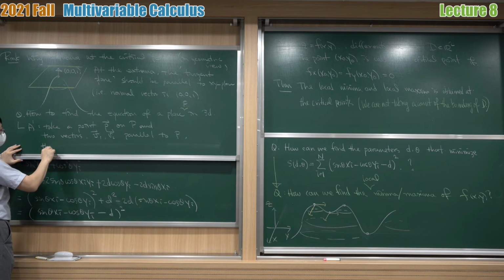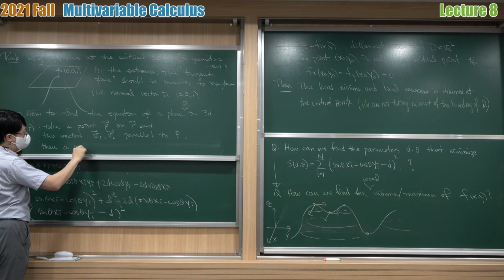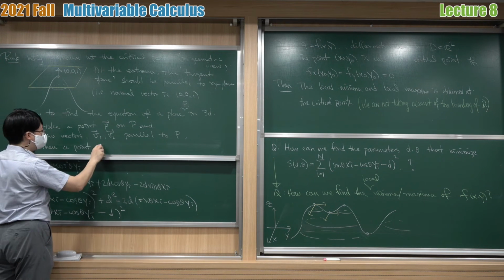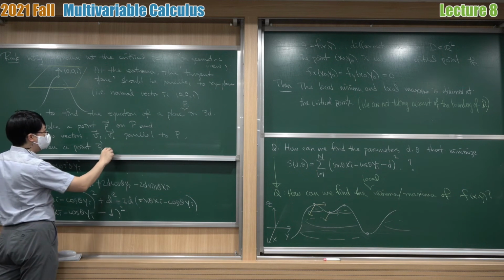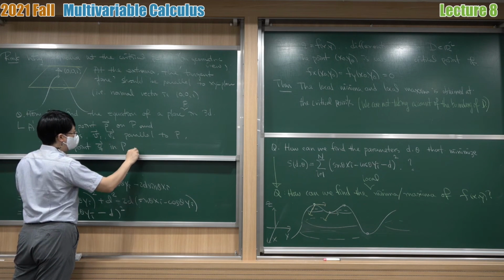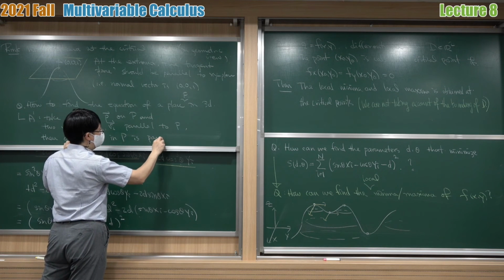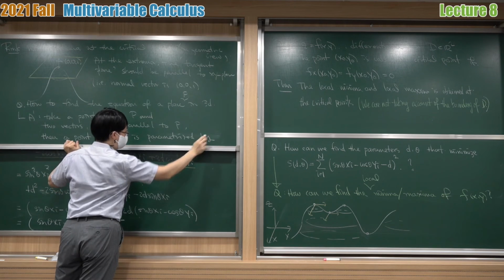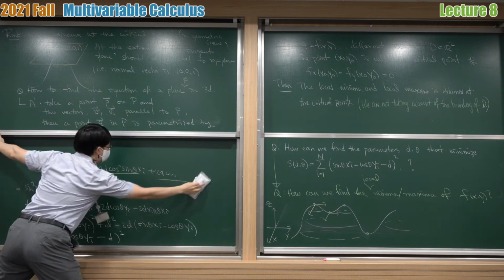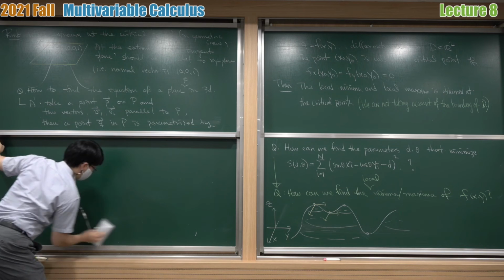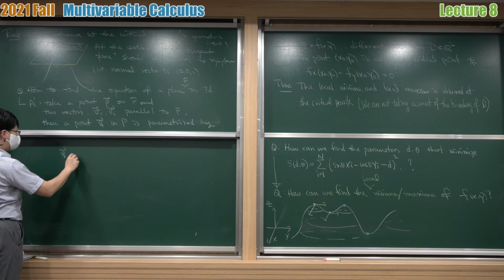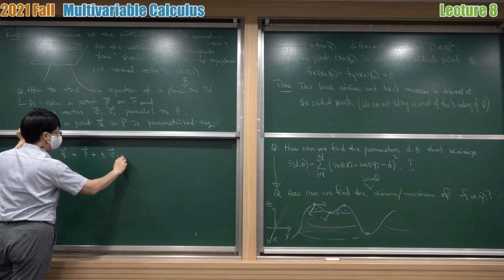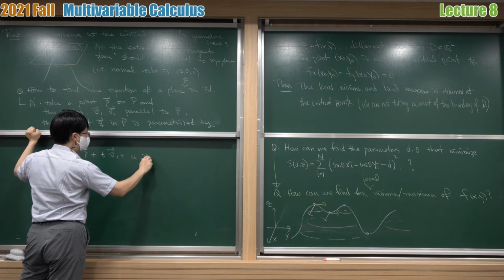Then a point Q in the plane is parameterized by Q equals P plus t times V1 plus u times V2.